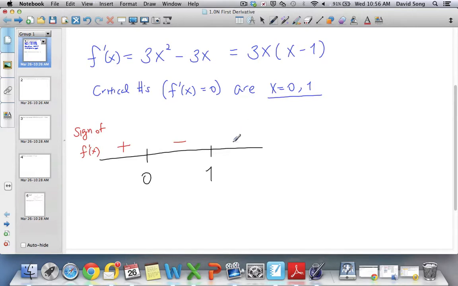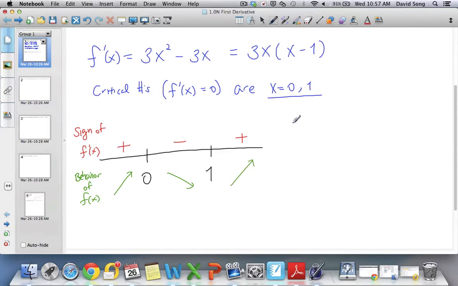And anything bigger than 1, you will get a positive value for f prime. So this means, if you look at the behavior of f in those intervals, f is increasing here, decreasing here, and increasing there.